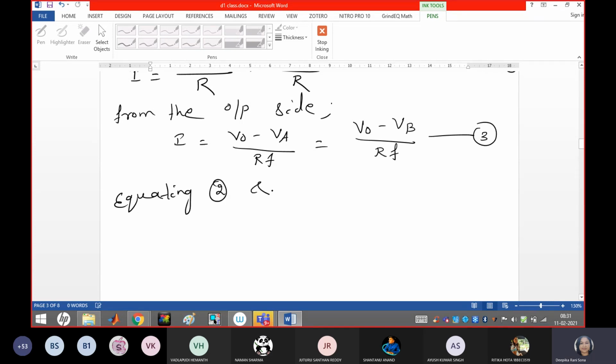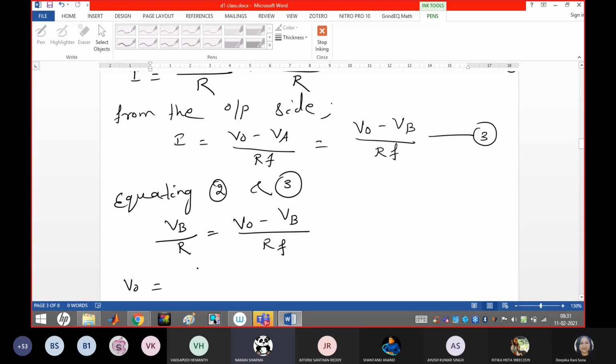Equating equation 2 and 3, how much do we get? VB by R, which is equal to V0 minus VB by RF. So what is the V0 only, guys? It's VB into 1 by R plus 1 by RF.